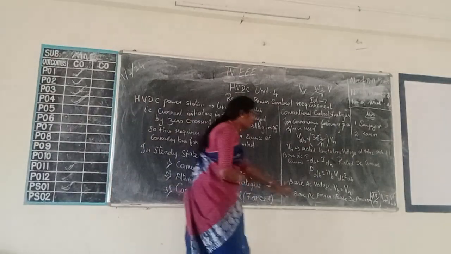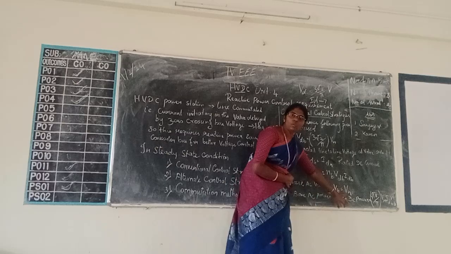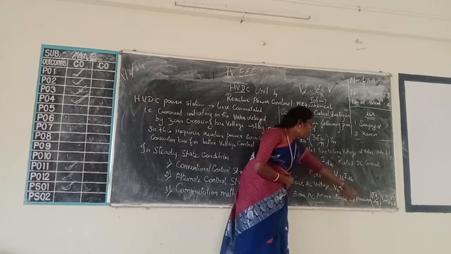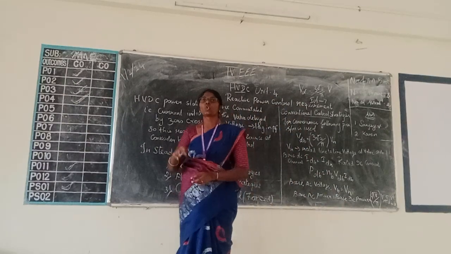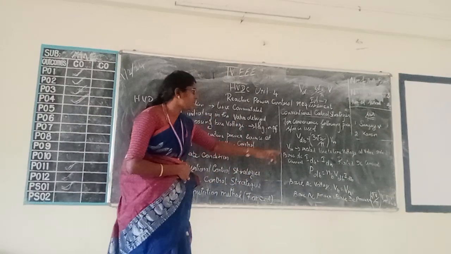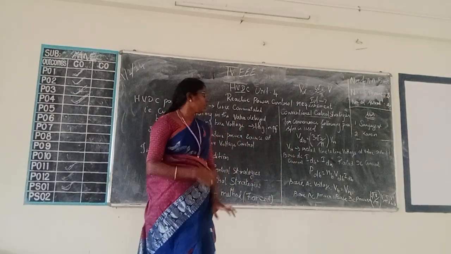And now the base AC power will be equal to the base DC power, taken as root 3 by pi times VN, IDB into NB.